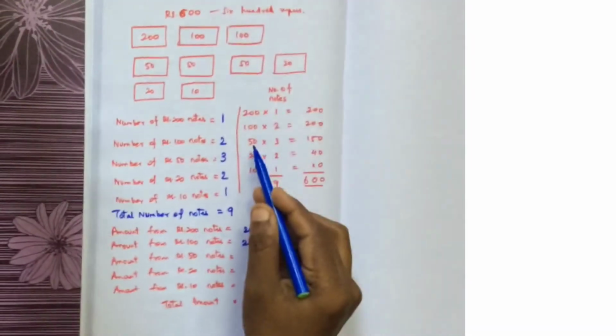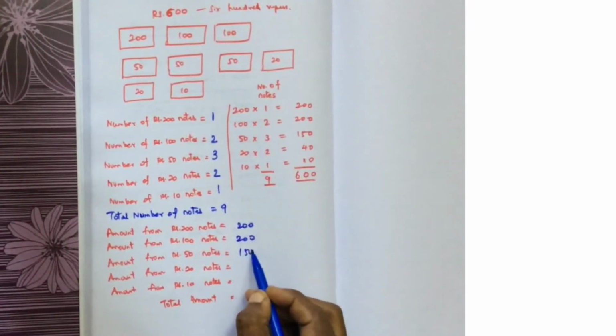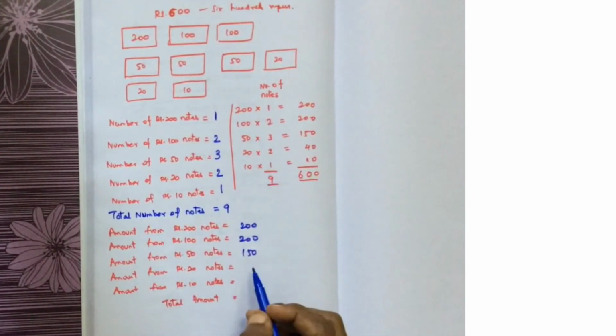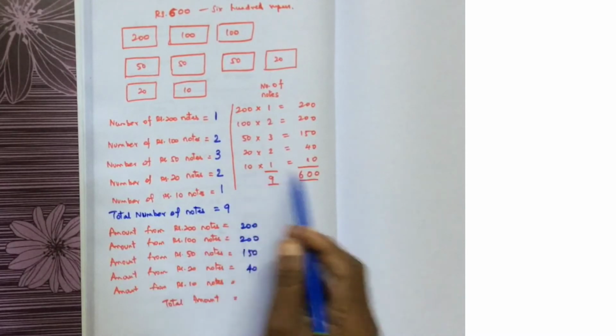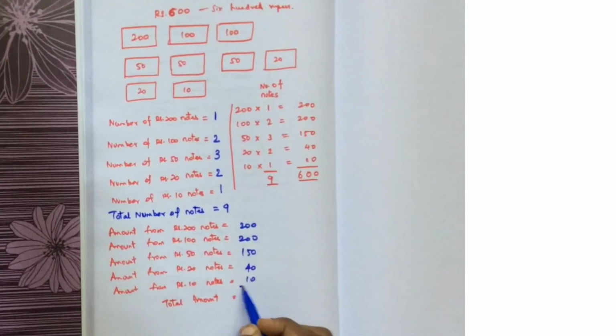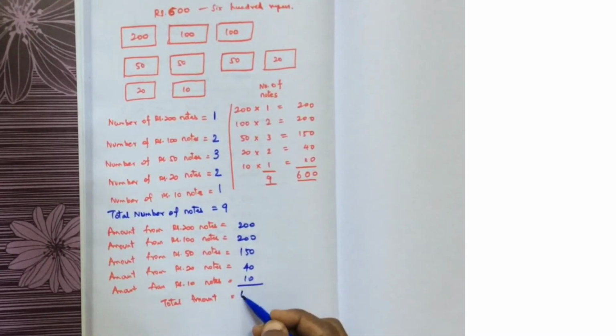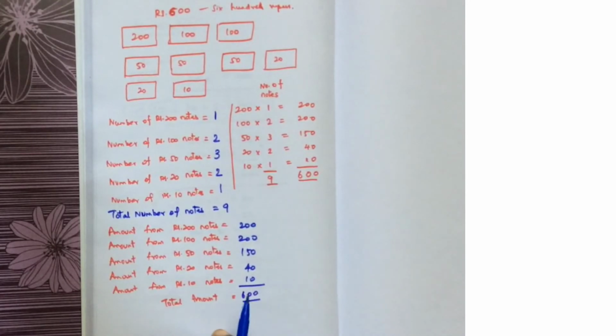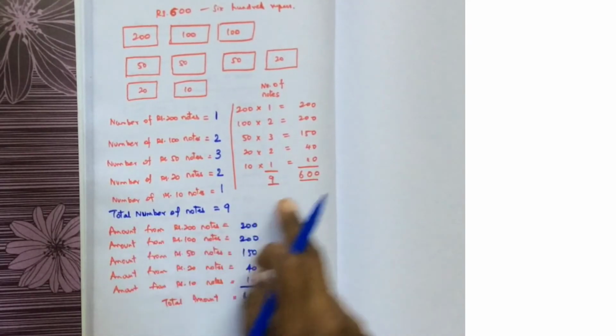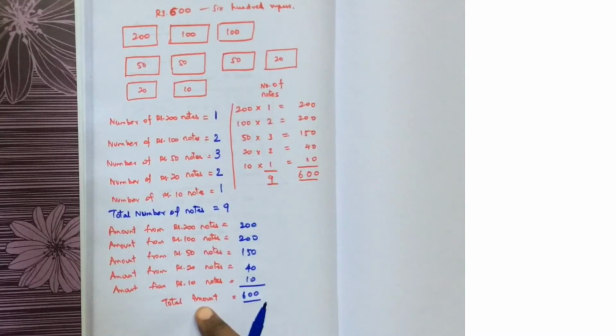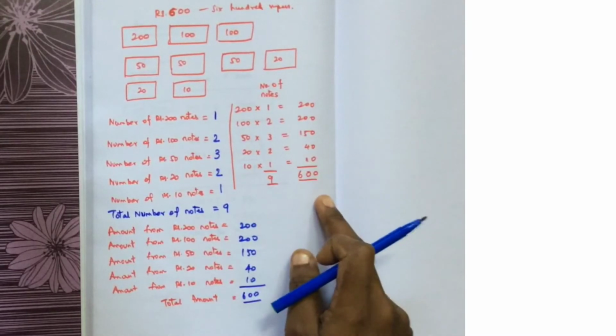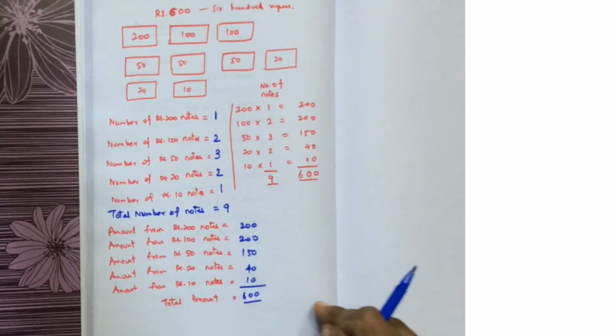Amount from the 50 rupees note is 150. Amount from the 20 rupees note is 40. Amount from the 10 rupees note is 10. If you add all this, you will get the total amount, 600. So the total number of notes you are using is 9, and the total amount is 600. If you understand this page very well, the next problem will be easy.